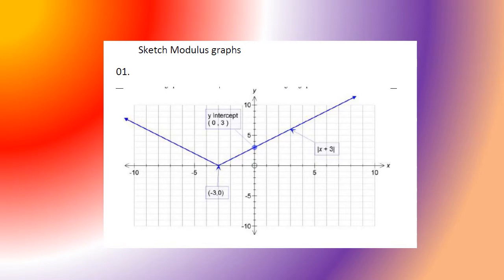So you have to draw this basic straight line y equals x plus 3, and stop at the point where the graph touches the x-axis and reflects back. So without preparing a table, if you know the main 2 points, you can sketch the modulus graph.